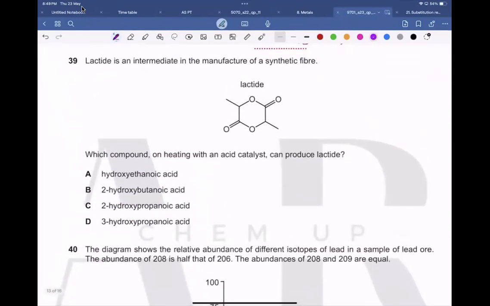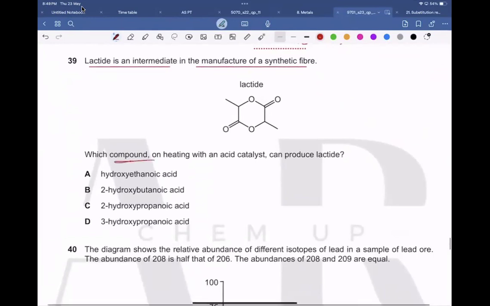Lactide is an intermediate in the manufacture of a synthetic fiber. When a compound is heated with an acid catalyst it can produce lactide. Which compound? If I just break it, if I hydrolyze it, it will break from here and turn into this.